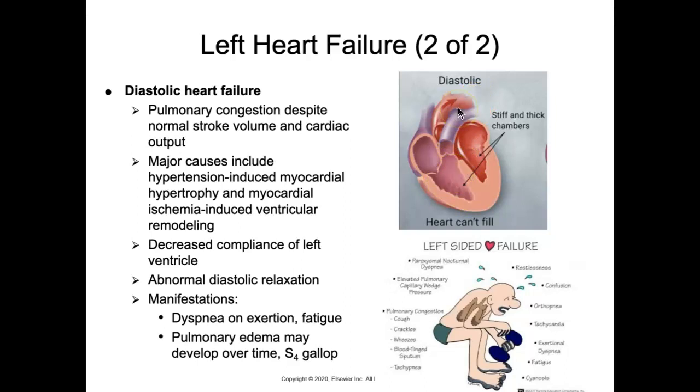So our manifestations could be dyspnea on exertion, fatigue, and like we said, the pulmonary edema that could develop over time, and an S4 gallop, which is also known as an atrial gallop, and it's going to be from the contraction of the atria trying to push that blood into a stiff hypertrophic ventricle.